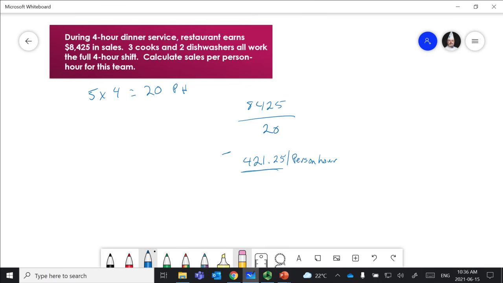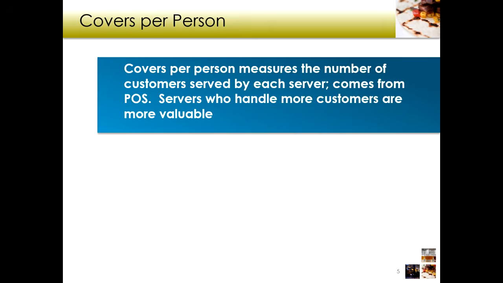Generally, you're going to calculate these on departments. So here's your efficiency of sales per kitchen department, right? The next thing we're going to look at is covers per person, because yes, we can generate $421 per person, but was that one person that came in and spent $421, right? So we have to look at both KPIs or both key performance indicators.